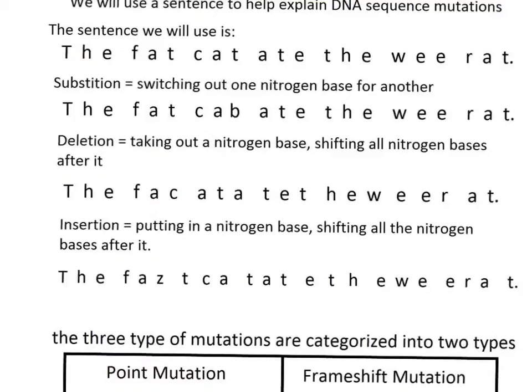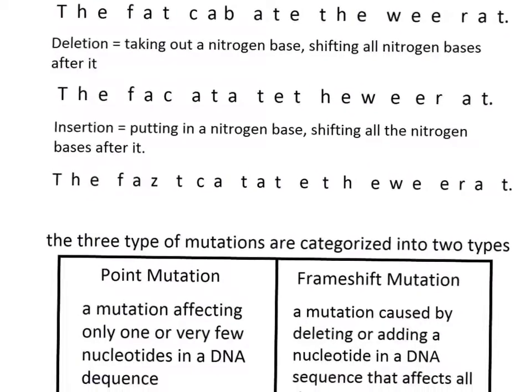Alright, then I'm going to go down. Insertion is putting in a nitrogen base. So you insert something, you put it in, you delete it, you take it out. Putting in a nitrogen base will also shift all the bases after it. So the sentence was the fat cat ate the wee rat. Now I added a Z where the T was. So then the T gets bumped over here, and then it's TCA, TAT, ETH, EWEERA, and then T by itself.